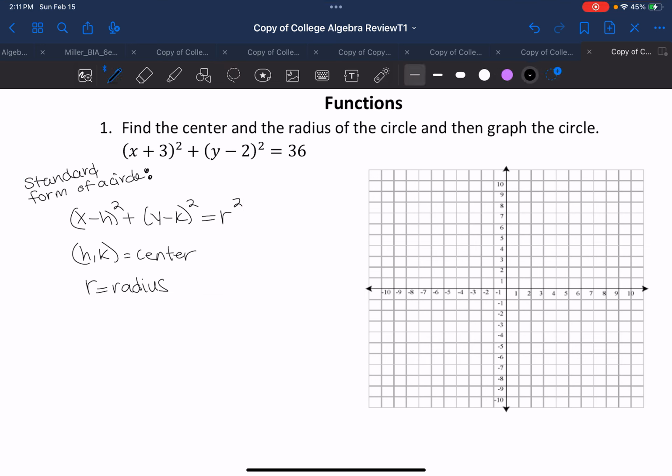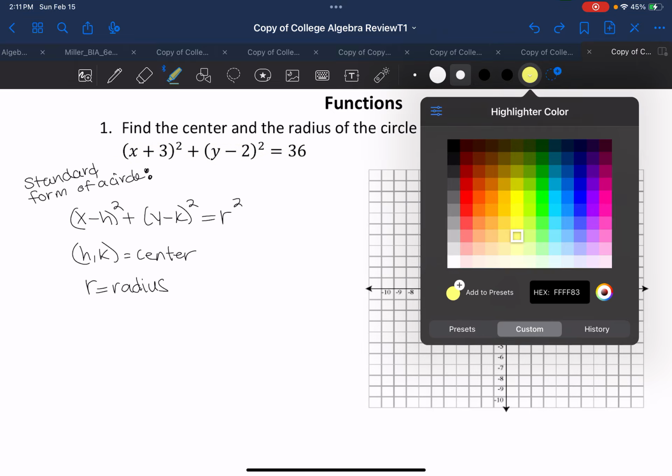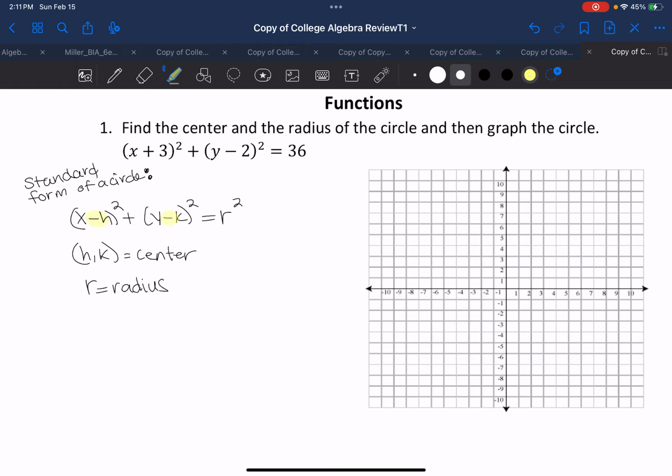So if it's in this form, which this equation up here is, then I can easily identify the center and the radius. Because the original form has a minus in here, in its standard form, the number that I need to get for h would actually be the opposite of this sign.